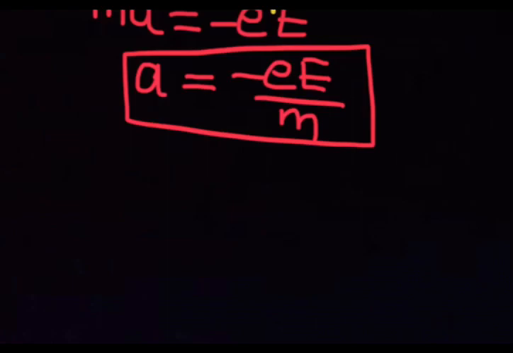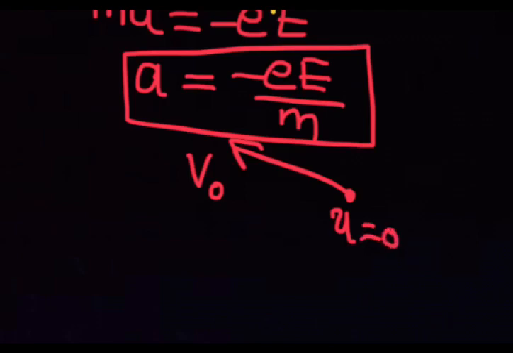Now, applying the equations of motion to the movement of the electrons, it is found that when the electron collides with an atom, its velocity stops. Let its initial velocity be 0, and before it collides, it has a maximum velocity.